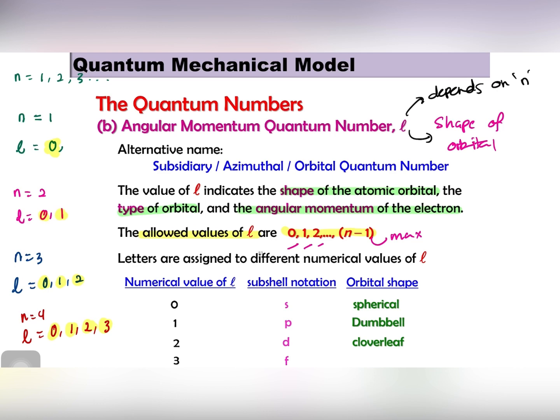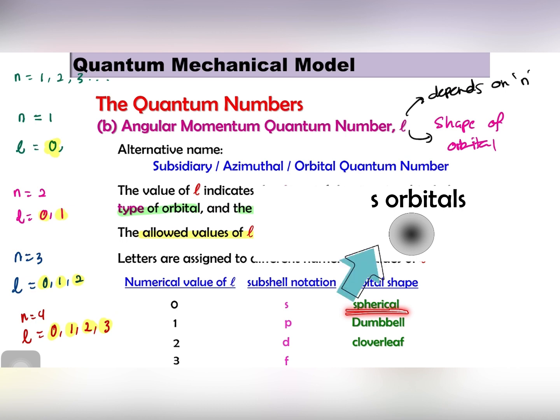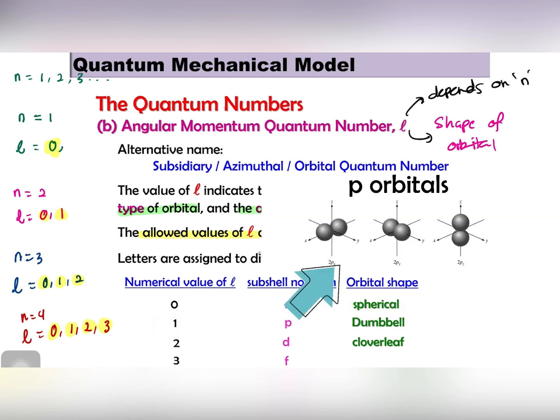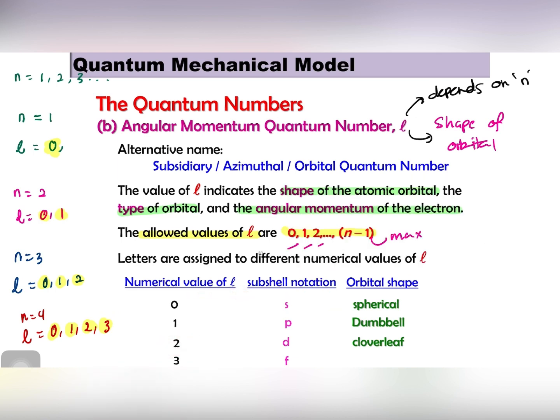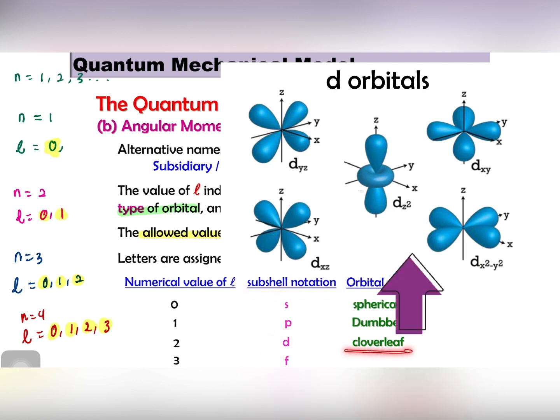If L equals 0, it starts from 0, 1, 2, 3. If 0, the subshell is the S orbital and its shape is spherical. If 1, it must be the P orbital and the P orbital shape is dumbbell. If the value of L is equal to 2, the subshell notation is D orbital and the shape is clover leaf.